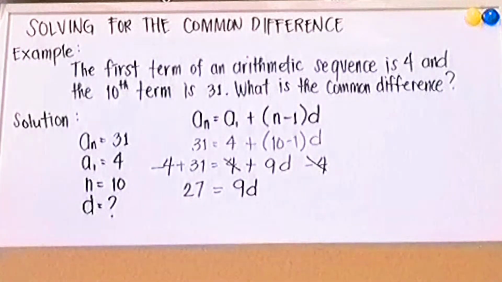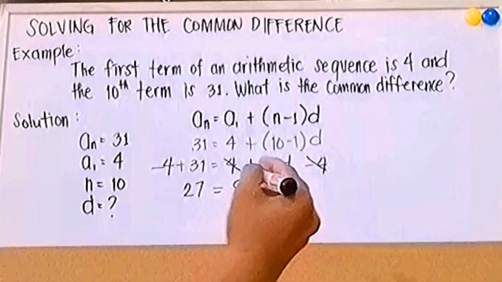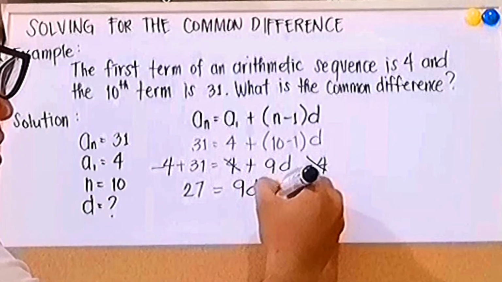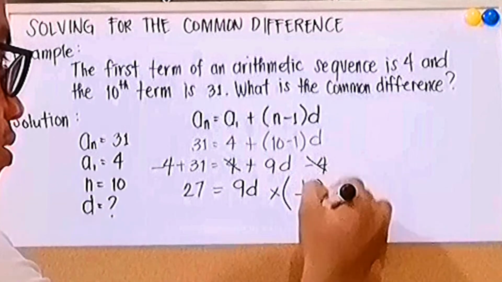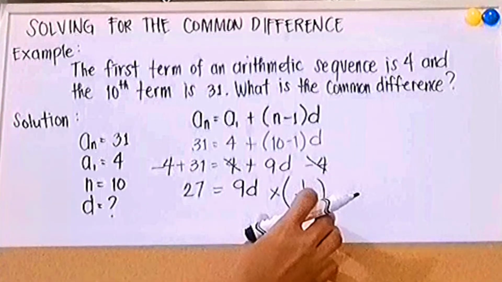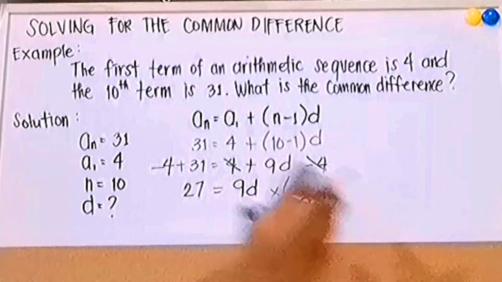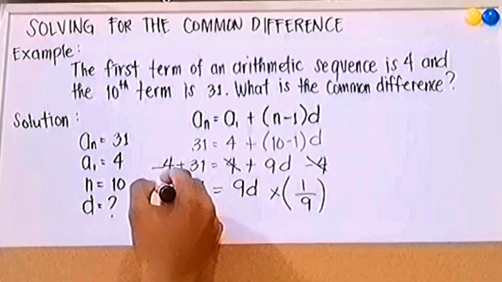Now, to cancel out 9, we apply MPE, which is multiplication property of equality. We multiply this one with 1 over 9. What is written on the right side should also be written on the left side.